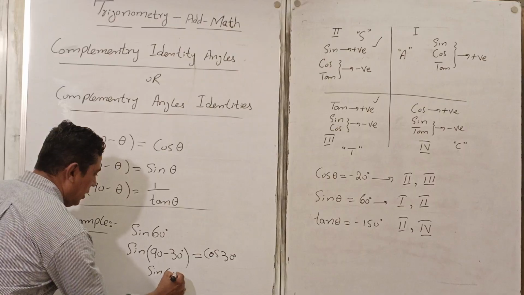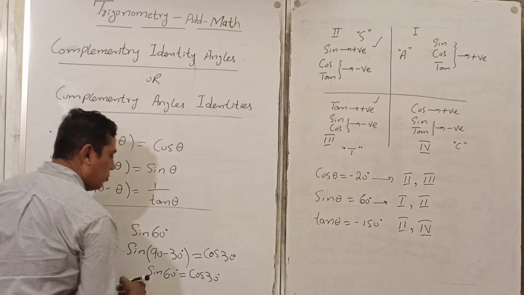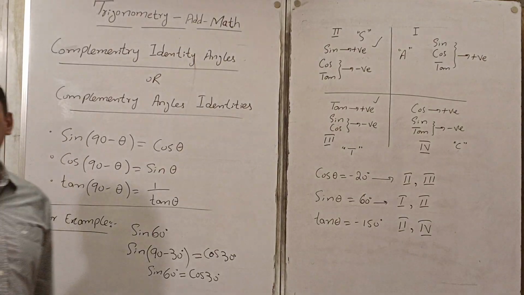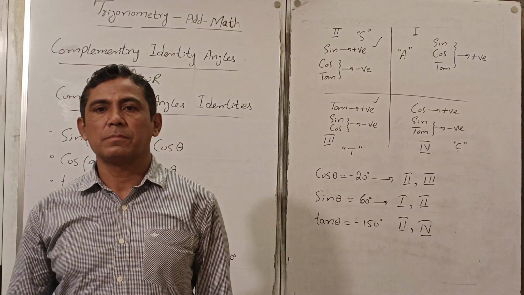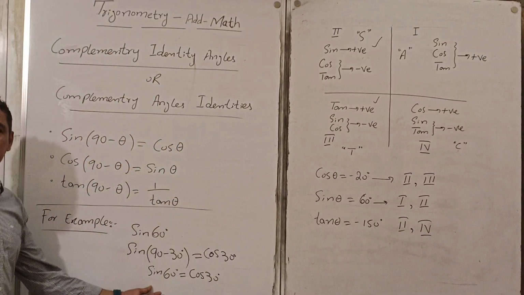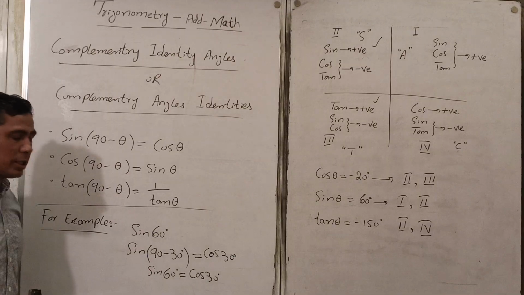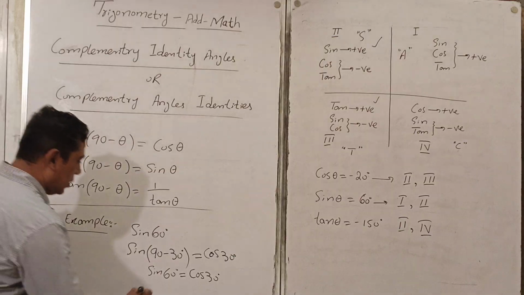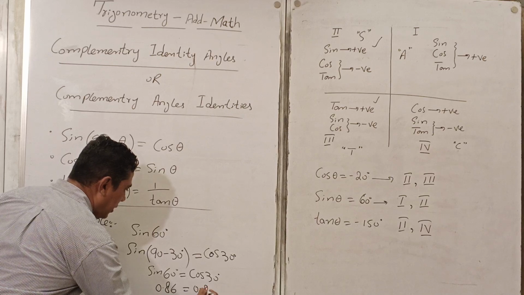Now sin 60 equals cos 30. Find out both values with the calculator. You will have the same answer. Sin 60 and cos 30 are 0.86 and 0.86.